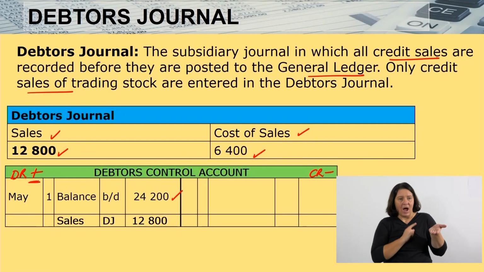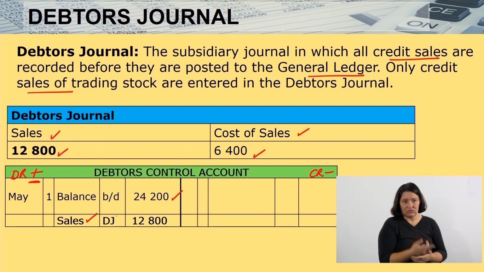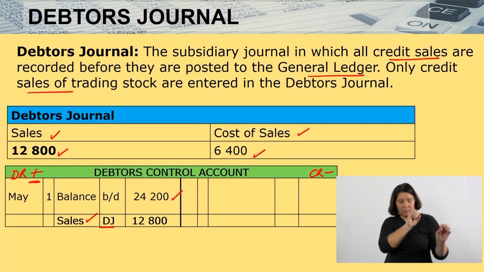However, we have sold goods to more debtors. We've sold goods on credit. So the moment we sell goods, it increases our debtors. Hence, you see, I'm bringing it to the debit side, and I'll say sales. The journal I'm posting from is the debtors journal, the DJ.